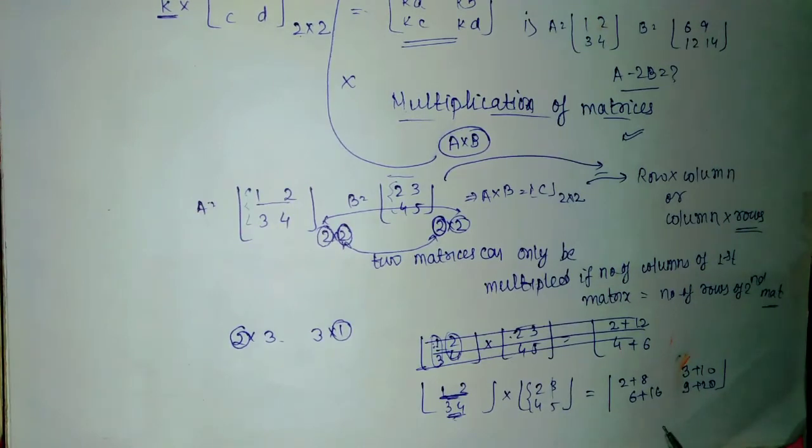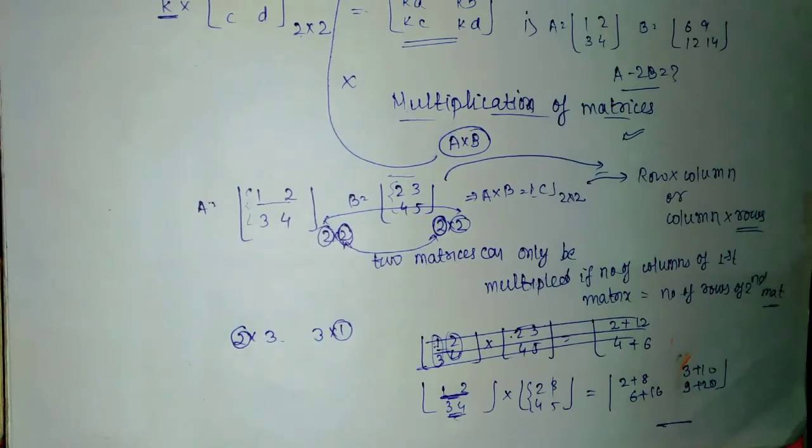Have you got this point or not? We're just multiplying rows into columns. If we are doing the multiplication of matrices, then we have to multiply rows into columns, not rows into rows and column into column. Just remember this point. Now we will come to some properties of multiplication of matrices.